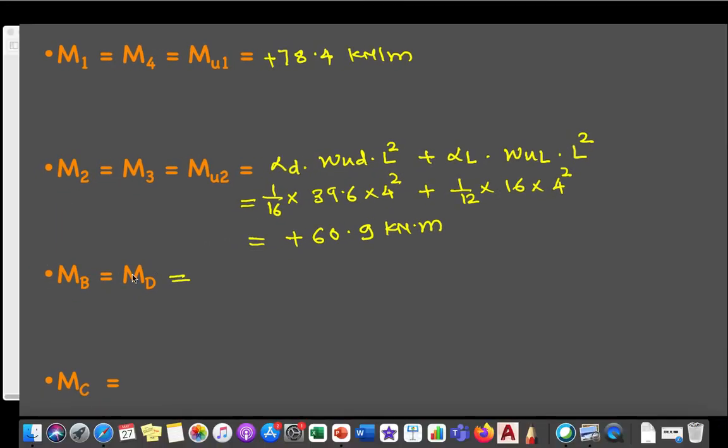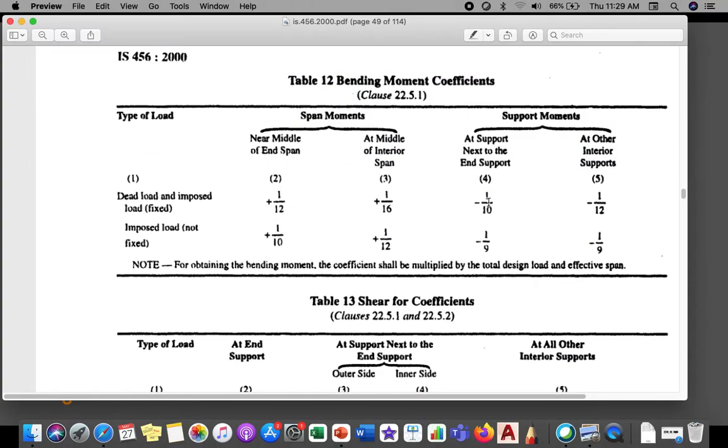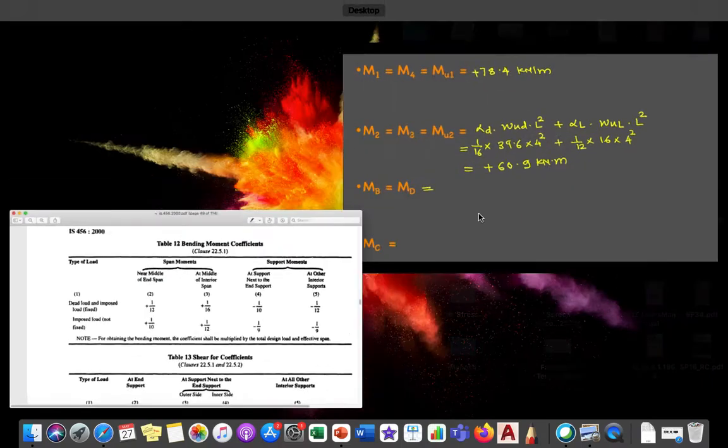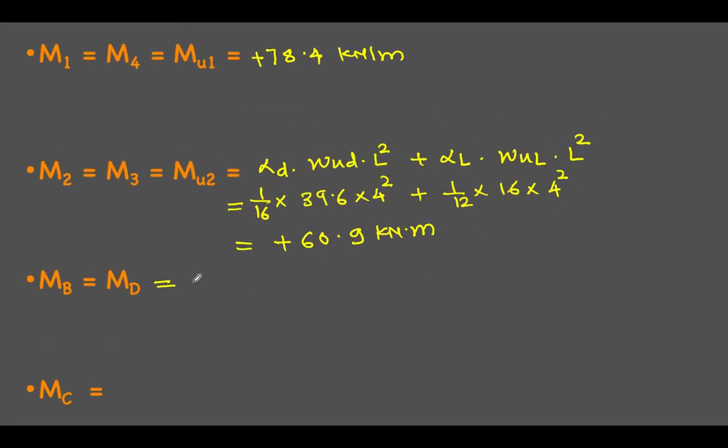In that case, what are the coefficients given? 1 by 10, 1 by 9. What does this minus sign indicate? This indicates negative moment over support. So I will take the minus outside. We have alpha D WUD L square plus alpha L WUL into L square.